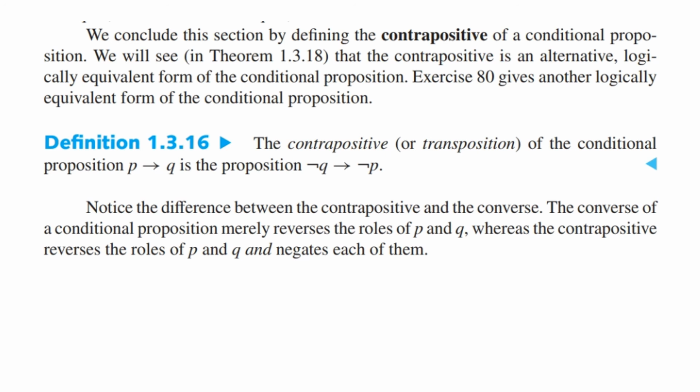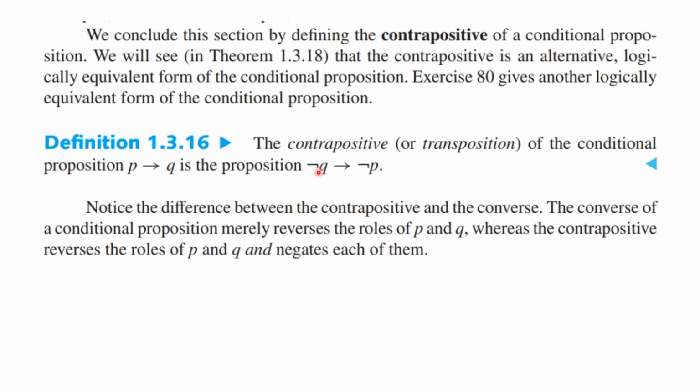We conclude this section by talking about the contrapositive of a conditional statement. And so the contrapositive, or sometimes called transposition, of a conditional proposition P implies Q, if P then Q, is the proposition not Q implies not P. So I'll say it this way: if I have an important meeting, then I will wear a suit jacket.